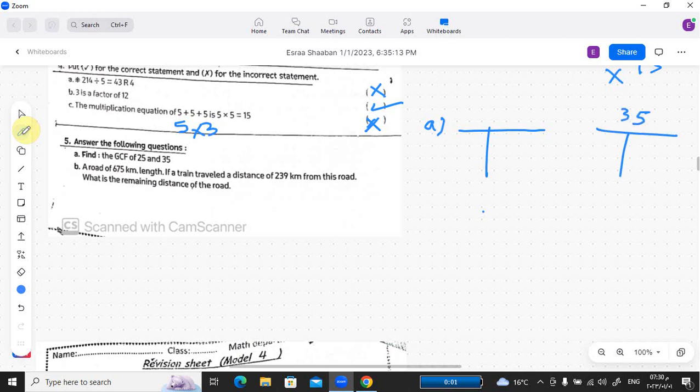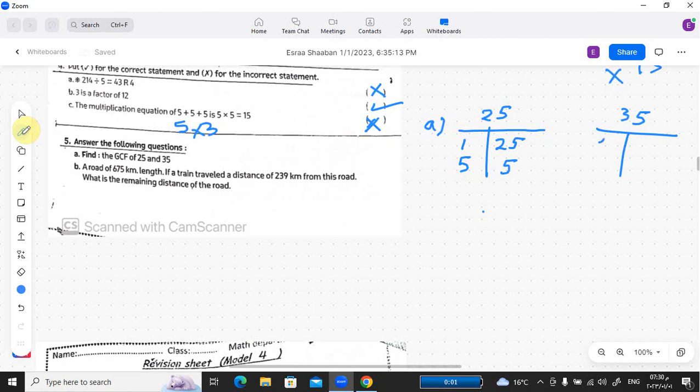The first one times 25. 2, no, because this is not even. 3, when I add 2 plus 5 equals 7. 7 is not in table 3. When I search in table 4, it doesn't exist. But 5, yes, because the ones digit is 0 or 5. 5 times 5. And we don't have another factor.